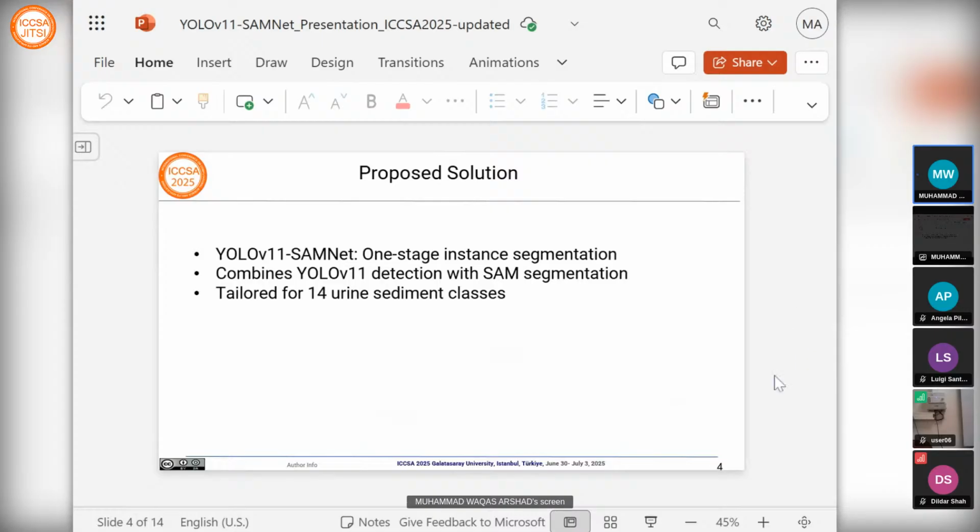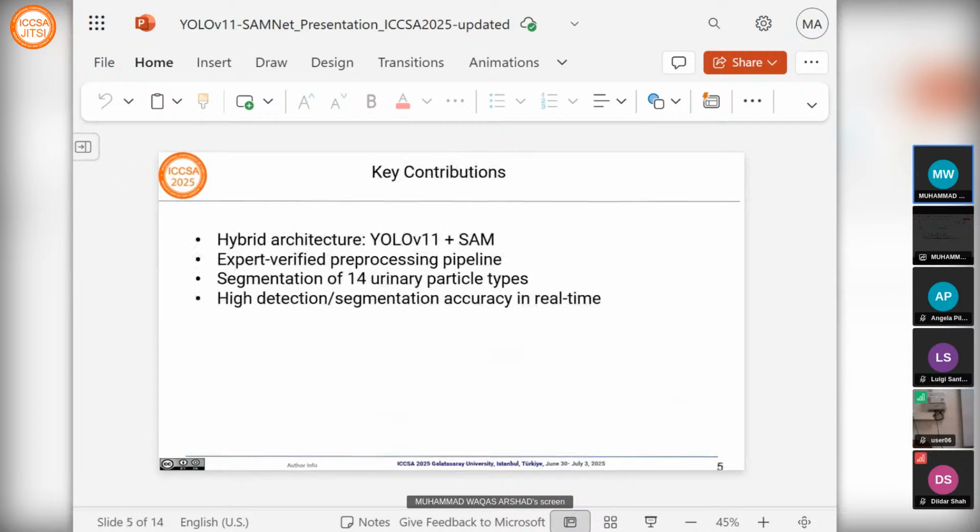The next slide is about our key contributions. First, the hybrid architecture, integrating YOLO V11 and SAMNet in the same network: one gives us powerful detection capability, and the same network is used for segmentation. Second, we use an expert-verified pre-processing pipeline that helps ensure the quality and accuracy of our training data.